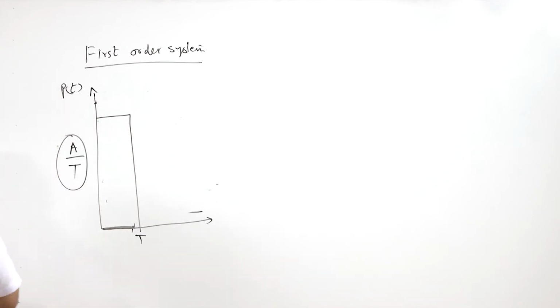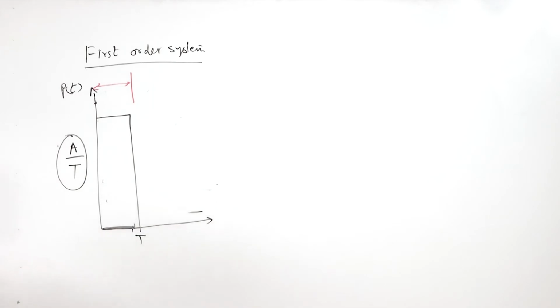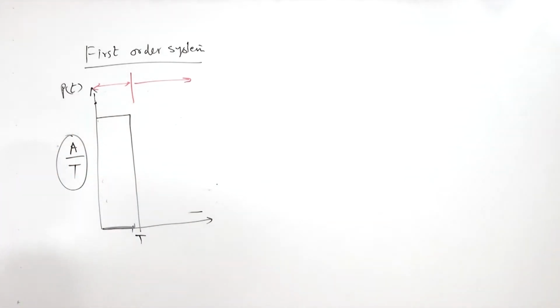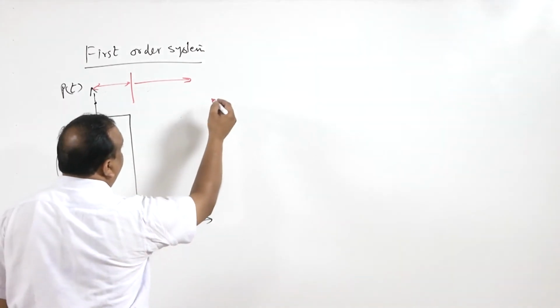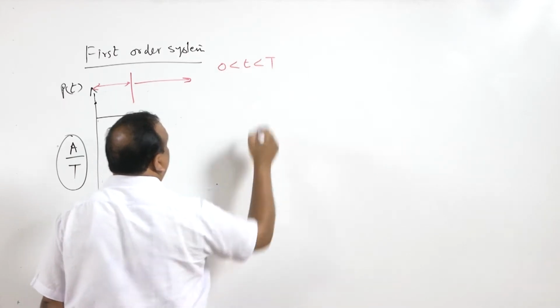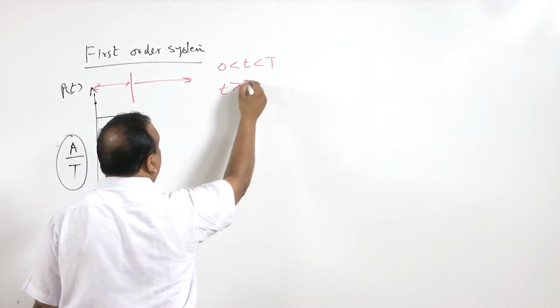We can divide this in two regions: one is this region where the input signal is there, and another region where there is no input signal. Or there are two boundary conditions: one is t is less than T, and one is t is greater than T.